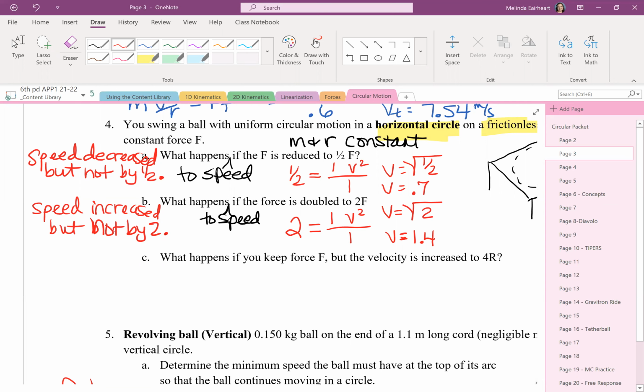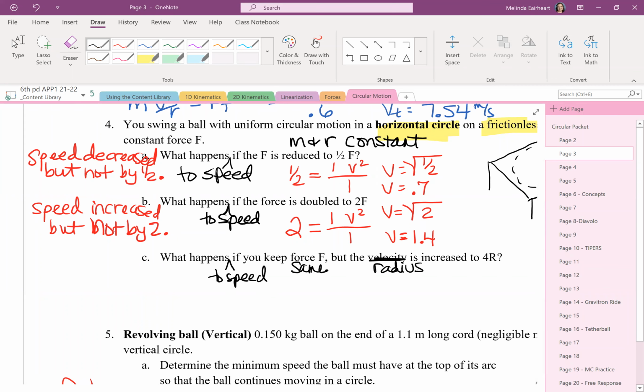Okay, in your mind, reset back to 1, 1, 1, 1, 1, right? Everybody's 1. Now what happens to the speed if you keep the force F same, 1F, so this is back to the original force, but, and here's where we need to edit, the radius is increased to 4R.